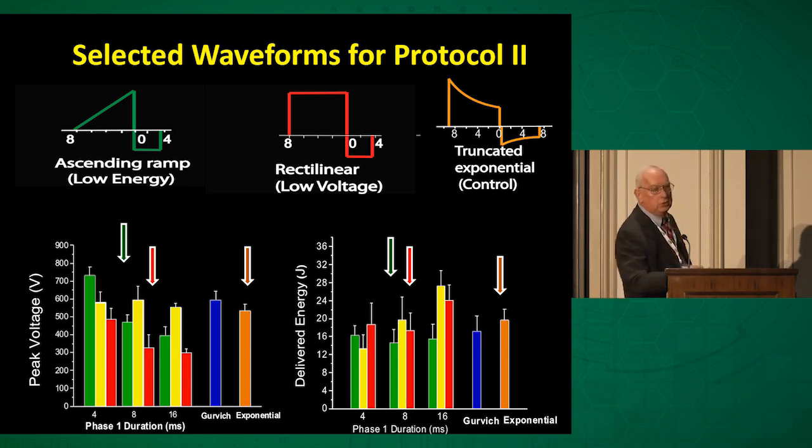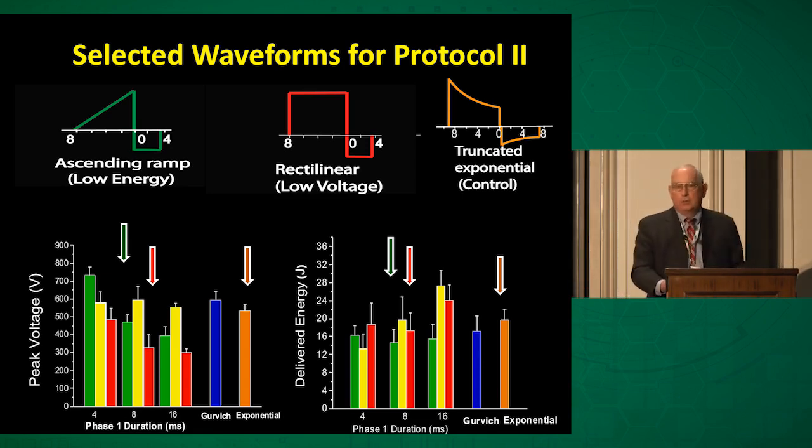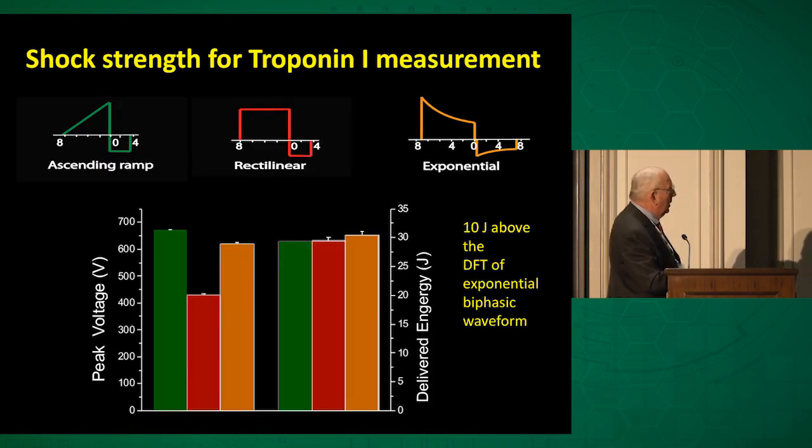We determined DFTs in 6 animals for these waveforms, because then we're going to pick a couple and do a study to look at damage with troponin. And it worked out pretty well. The green are the ascending waveforms, and they were low energy, although this 4 millisecond descending was low energy too.